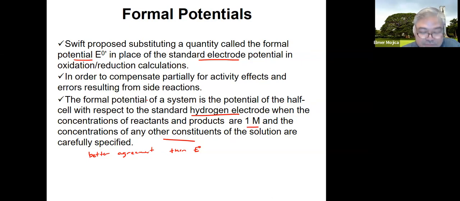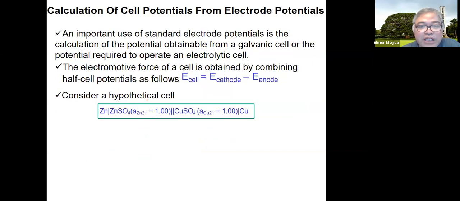Okay. So from that, if we do a calculation of the cell potentials from the electrode potentials, the way that we do it is that the cell potential equals the potential of the cathode minus the potential of the anode.